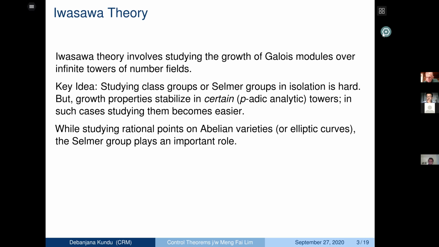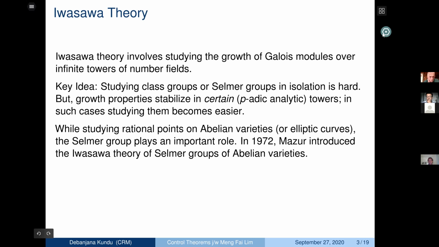There is this broad philosophy that Selmer groups and class groups somehow have similar properties. So Mazur in 1972 made use of this notion and studied the growth of Selmer groups in p-adic analytic towers.